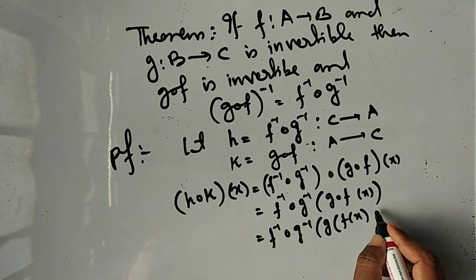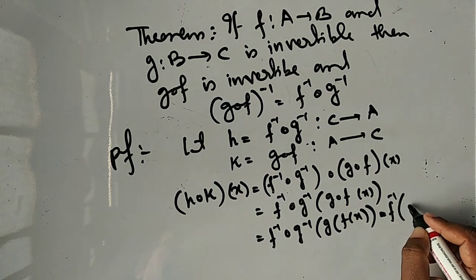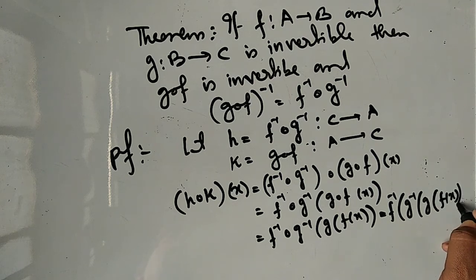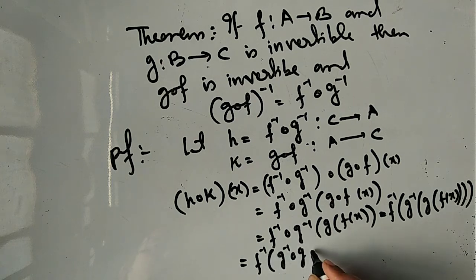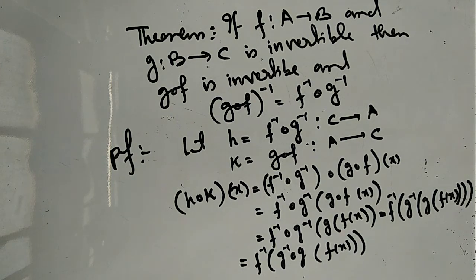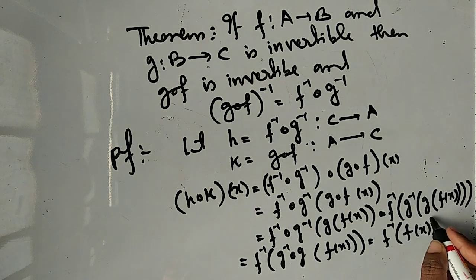This is nothing but... Now how can we write this? I can write it like this, G o G inverse. So this is f(x). G inverse o G is nothing but an identity map. So this is nothing but F inverse of f(x).